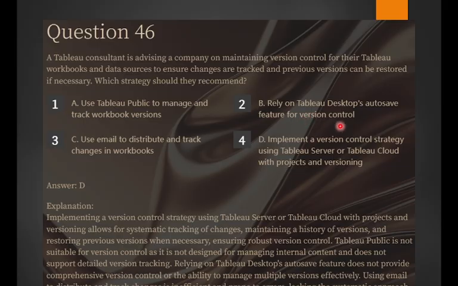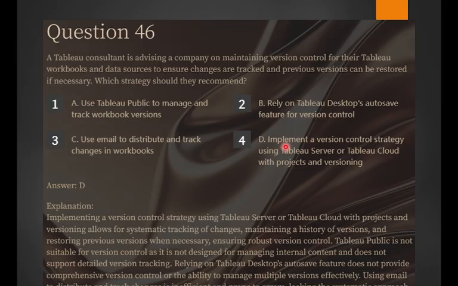It does not provide comprehensive version control or the ability to manage multiple versions effectively, as only a single file can be saved in Tableau Desktop. And use email to distribute and track changes in a workbook. This is again not efficient and can have errors, lacking the systematic approach needed for proper version control. So option D is correct.